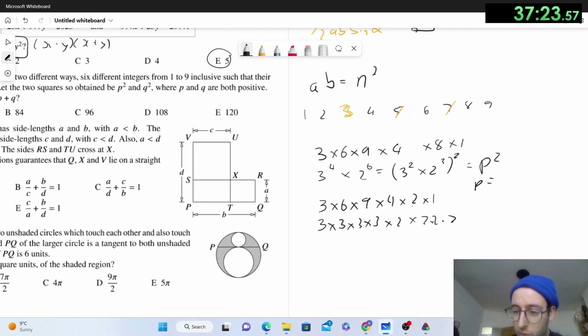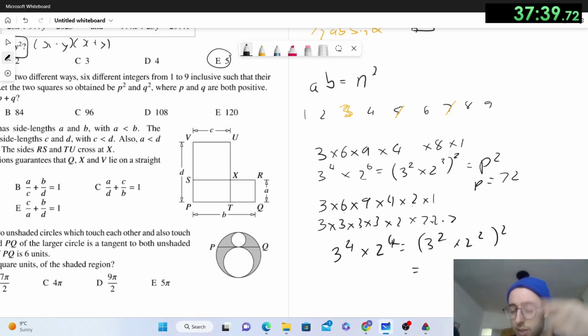So P equals 9 times 8, which is 72. In this case, I've got 3 to the power of 4 times 2 to the power of 4, so Q is 9 times 4, which is 36. The sum, P plus Q, equals 108.